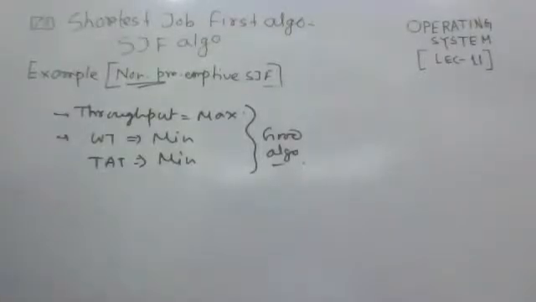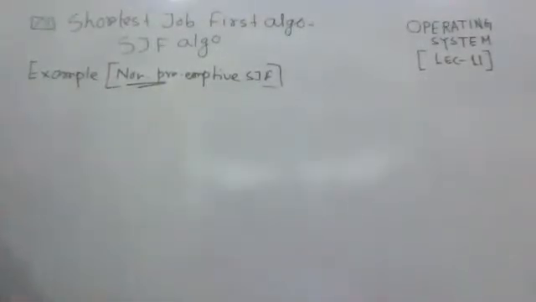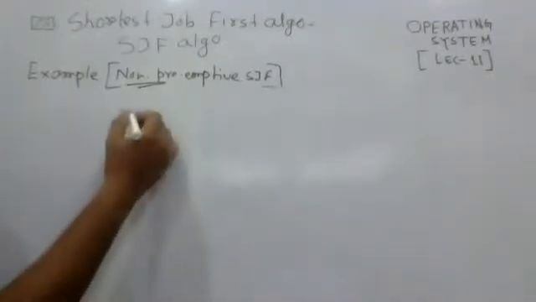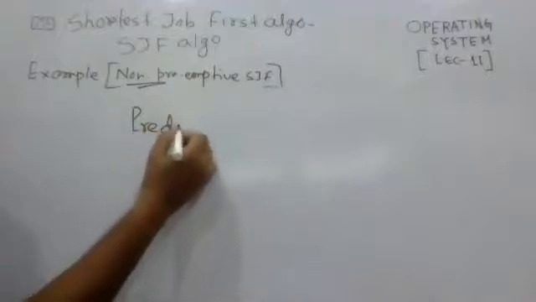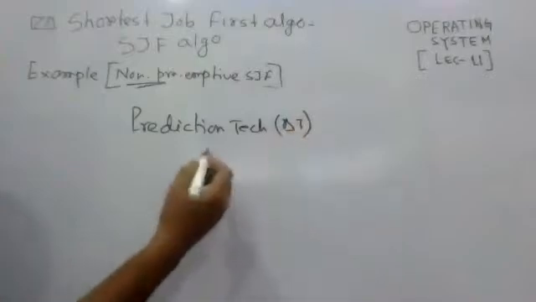Now in case of the shortest job first algorithm, there are some prediction mechanisms through which we can guess the burst time. So this is the burst time prediction technique.